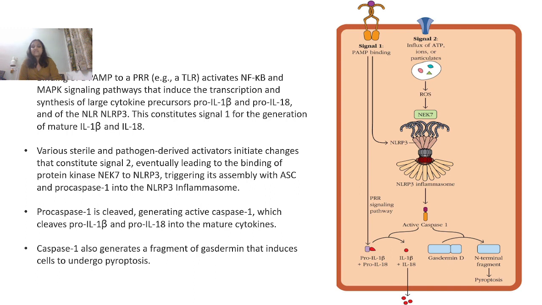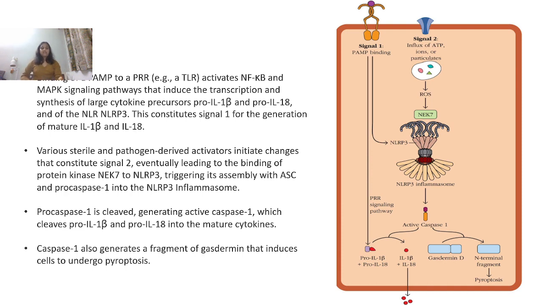Apart from that, caspase 1 can also generate a fragment of gasdermin, which is another molecule that can induce cells to undergo pyroptosis. Pyroptosis is another type of apoptosis, an inflammatory type of cell death, which is triggered by microbial infection or host factors. It is a type of apoptosis caused by inflammation.